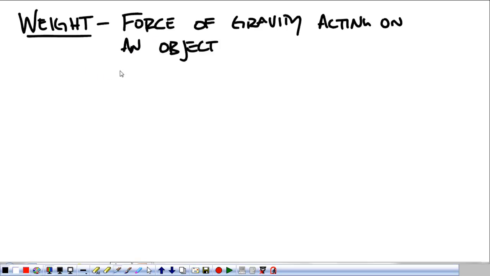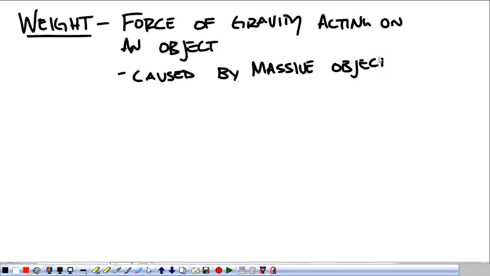Now, weight is caused by massive objects. Primarily, that's going to mean the Earth. If we're on the moon, it's the moon, or a star, or an asteroid, or a planet, something that it's near.